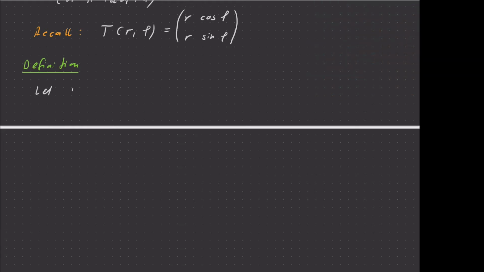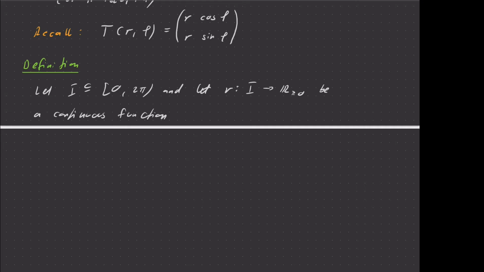So let I be an interval between 0 and 2 pi, and let r be a function on that interval, that assigns to each angle a value that is greater or equal to 0, the radius. And usually you want that to be a continuous function. In many cases, we'd also want that to be differentiable, but for the definition, continuity is fine.